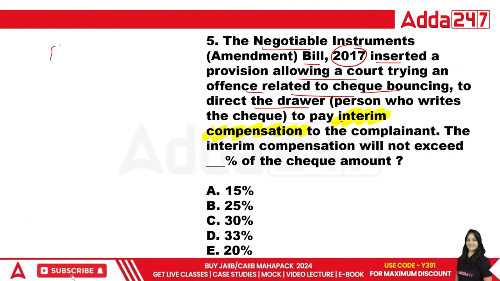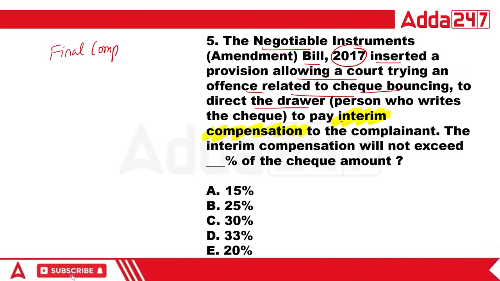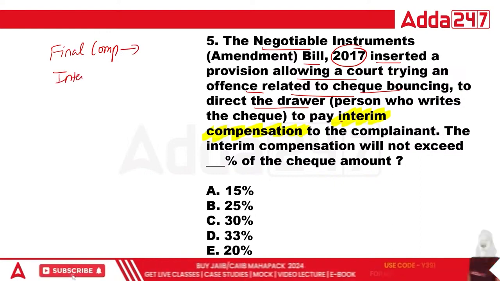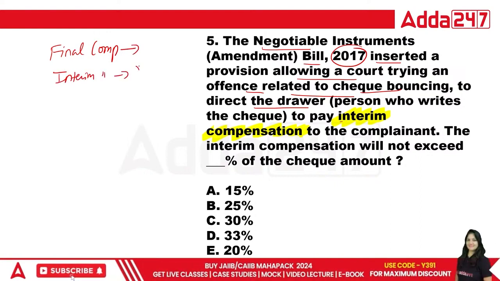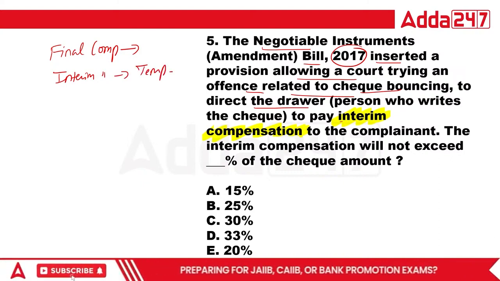Final compensation means that after the decision, and this is interim. Interim means temporary. That is temporary compensation. So what is the right term?